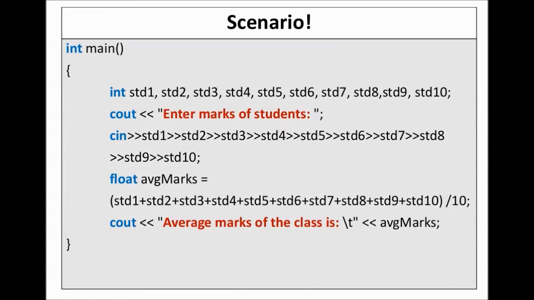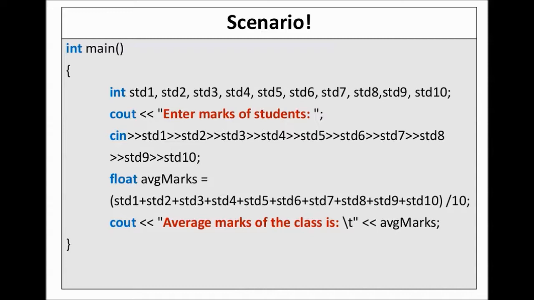But if we have more than 5 students, then we update our program so that instead of 5 variables, now we declare 10 variables. We write int std1, std2 up to std10. Then we write "enter marks of the student".